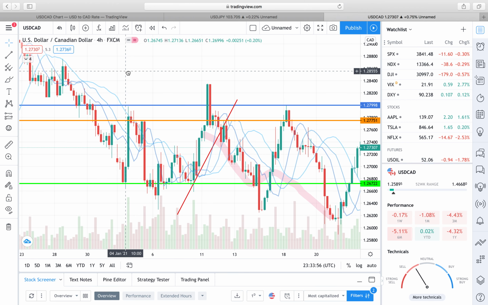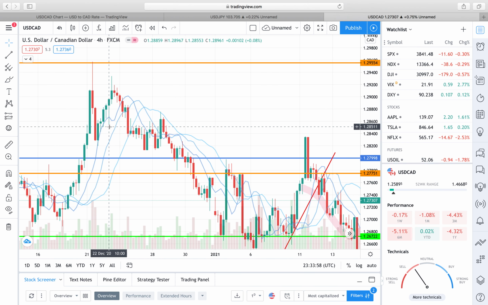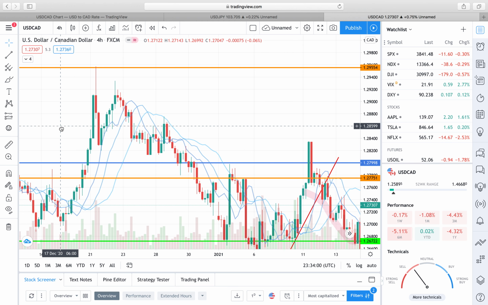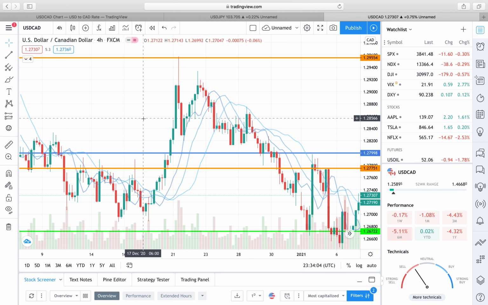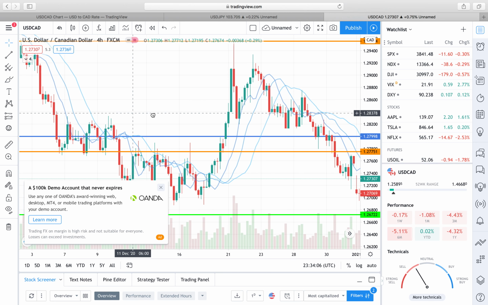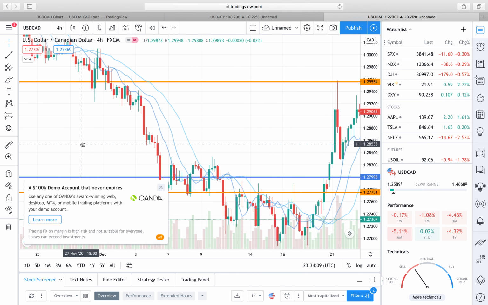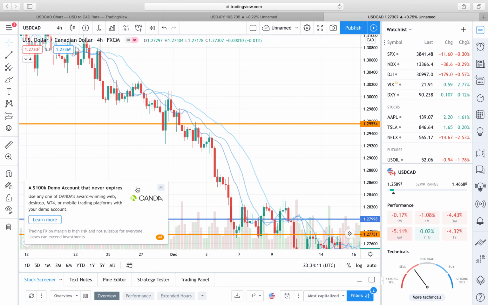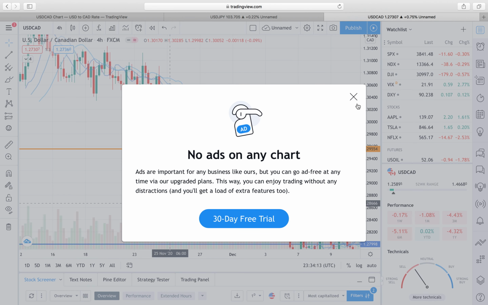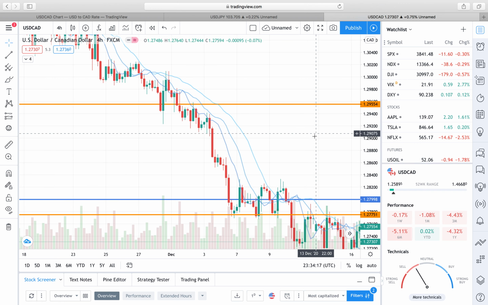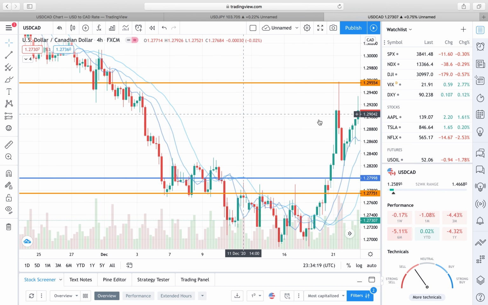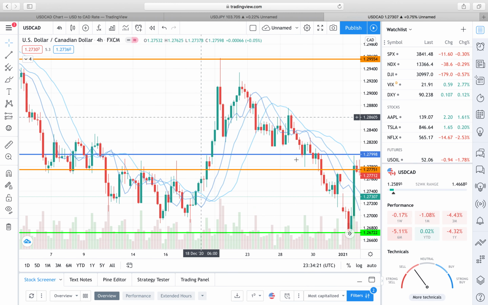Like, I would not take that at all. But I have a line up here too. But I mean, it's still way too many pips than I want to actually lose. So I would most definitely not buy this at all.